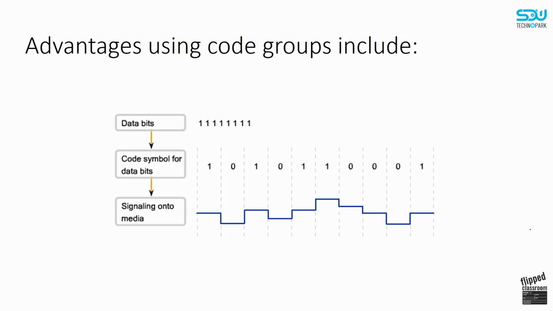If we take a look at some of the advantages of using the encoding process, you can have a situation where your computer is going to send a bit stream like this.